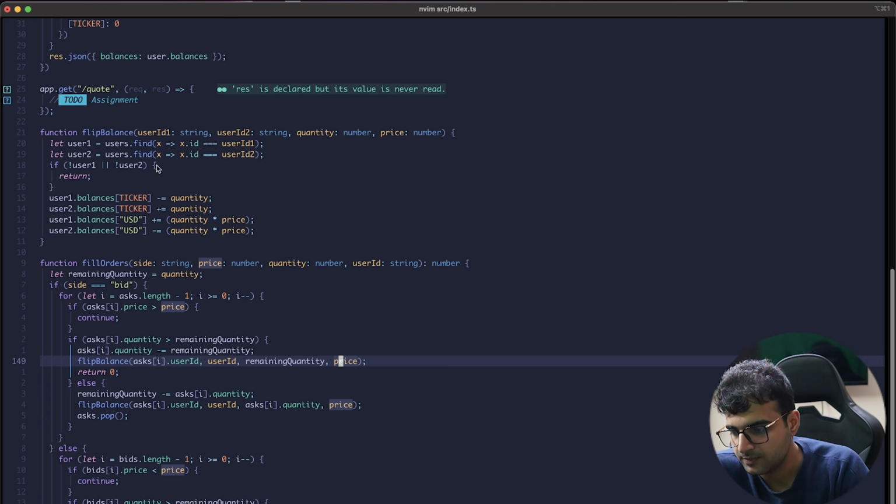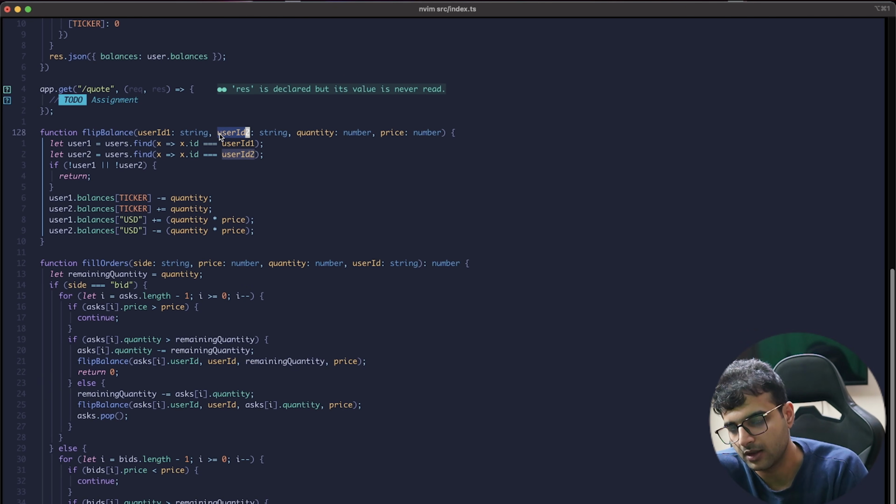What does flip balances do? It says by user 1 and user ID, a flip has happened between them on this quantity and this price. We know there's just one ticker right now, Google. So we need to decrease this quantity of Google from the first user and add that quantity to the second user, because there is a swap that just happened. And what about the US dollar balances? Quantity into price is what gets added for the first user and removed from the second user.